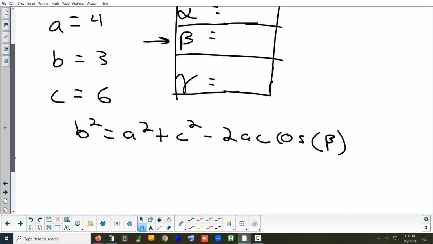Perfect. And the nice thing about side, side, side is a lot of times they give you nice numbers, no decimals. So it makes it a little easier to do.